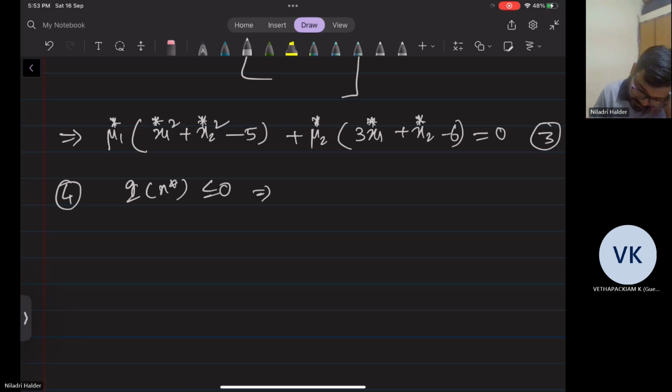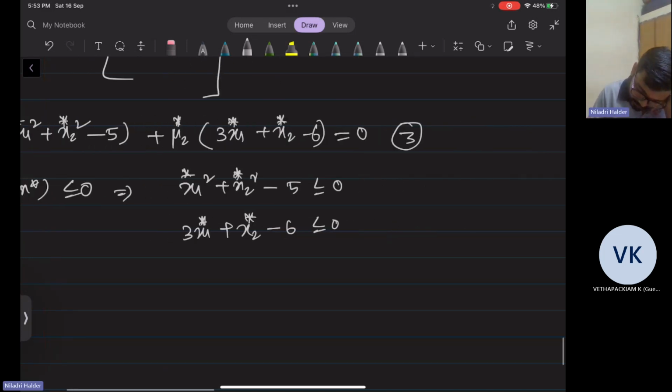That means x1 square plus x2 square, all stars, minus 5 less than or equal to 0, and 3x1 star plus x2 star minus 6 less than or equal to 0. This is the 4a.